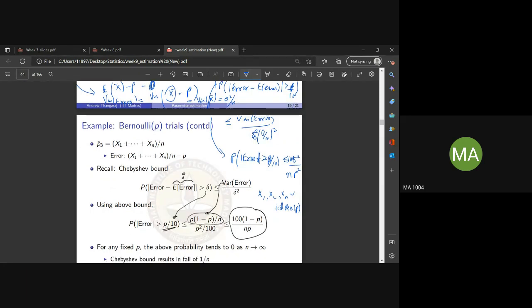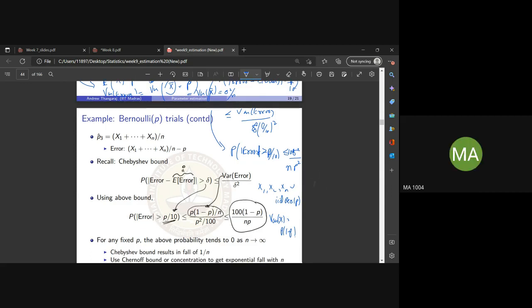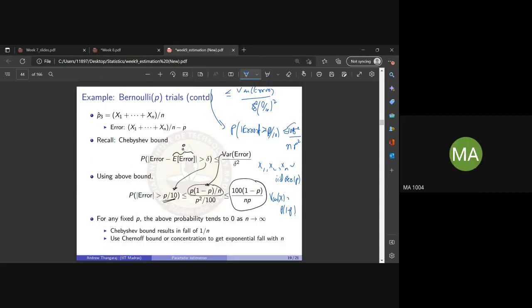What is the variance of Bernoulli p? It is p into 1 minus p. We can use this here, and we will get 100 p into (1 minus p) divided by n p square.